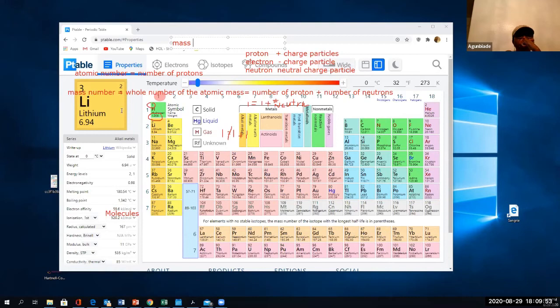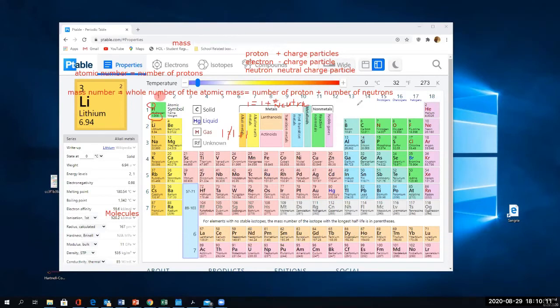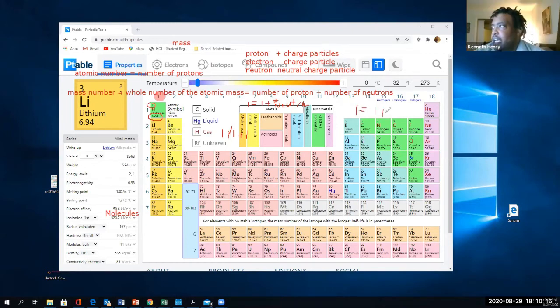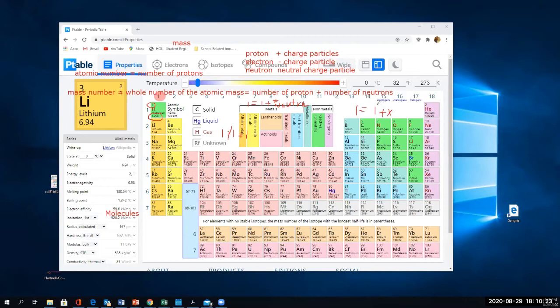My mass number, which is this rounded, is going to be 1. So I have 1 here and 1 here. So this number has to be what? 0. We're saying 1 is equal to 1 plus x. So what is x? If we solve this for x, x is equal to 0.